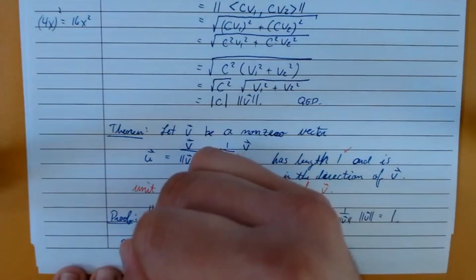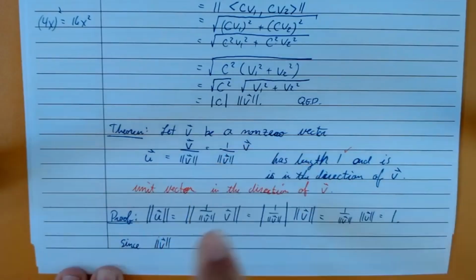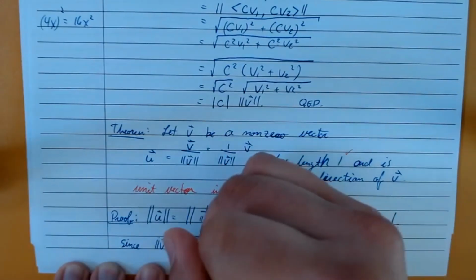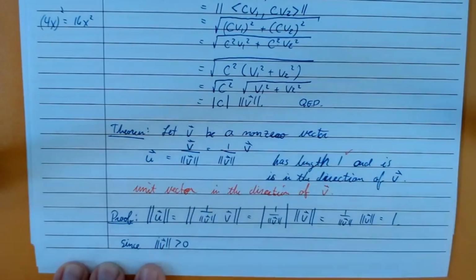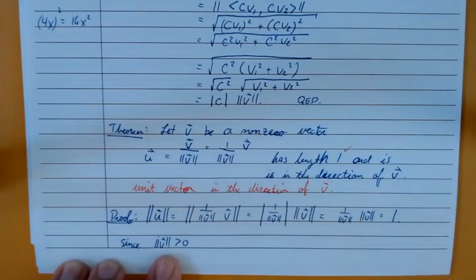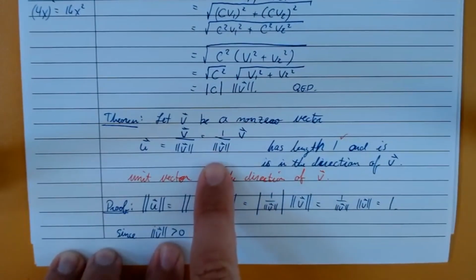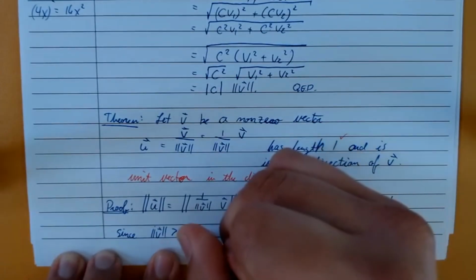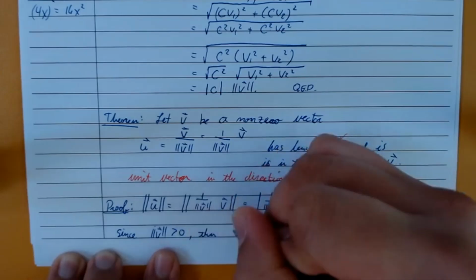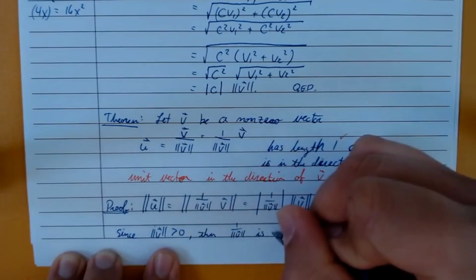Since the magnitude of V is greater than 0, and we know it can't be equal to 0 because this was a non-zero vector, 1 over the magnitude of V is positive.